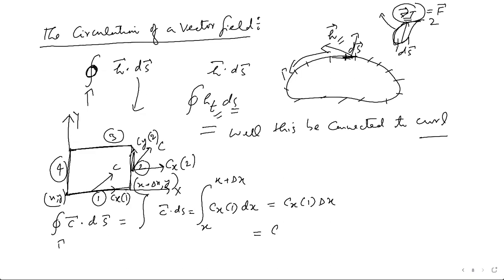The surviving component will be this one, so it will be Cy2 times delta y, because from here to here the x coordinate remains the same, but y changes by delta y.